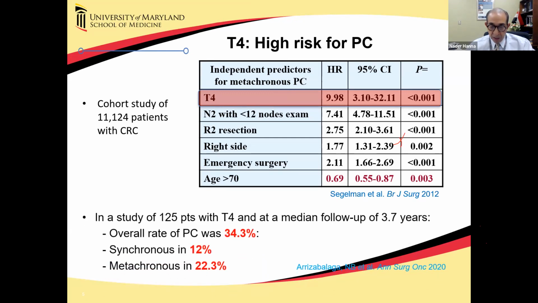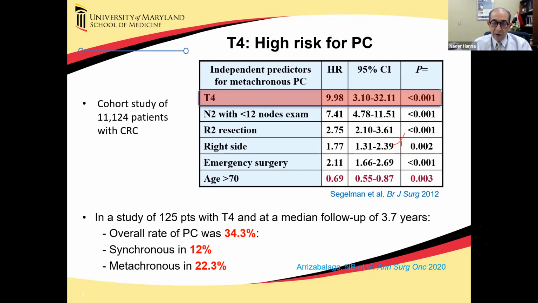In fact, this was a study published in 2020, where they looked at 125 patients with T4, and at a median follow-up of 3.7 years, the overall rate of peritoneal carcinomatosis was approximately 35%. That means 1 out of 3 patients will actually end up developing peritoneal carcinomatosis.